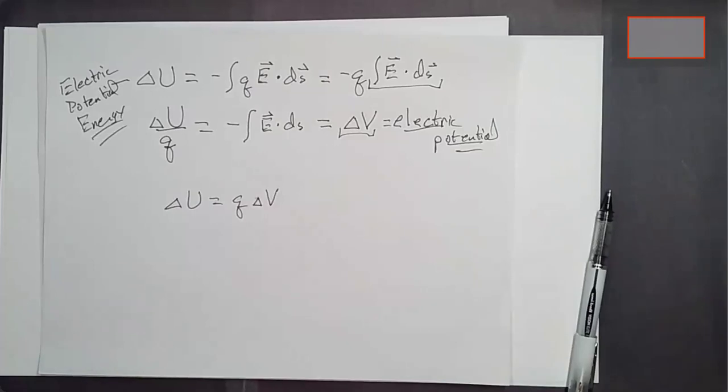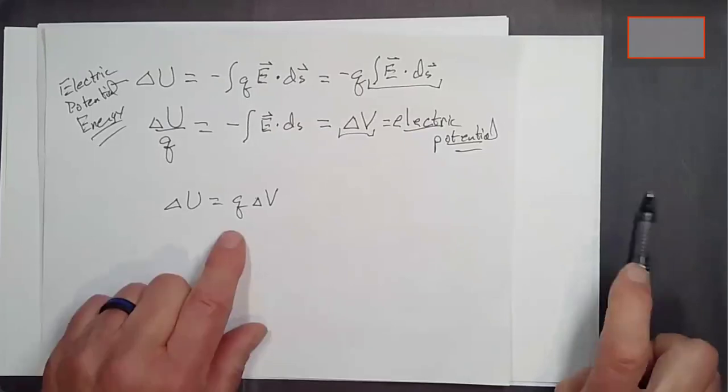In fact, sometimes you might say an electron is accelerated across an electric potential change of so many units, and I'm going to introduce the units here very quickly. What will be its speed when it arrives at the final destination?